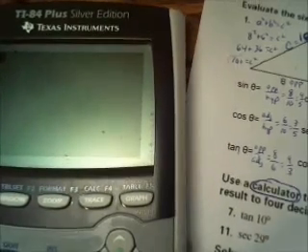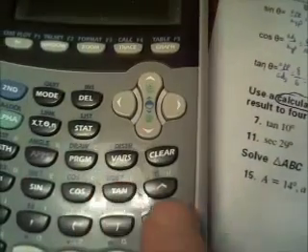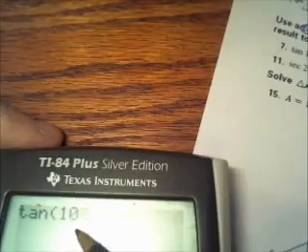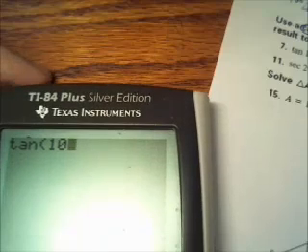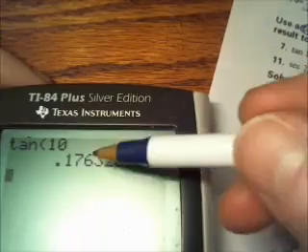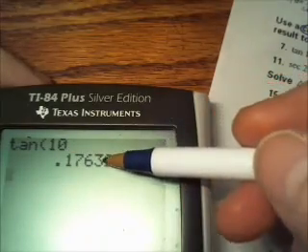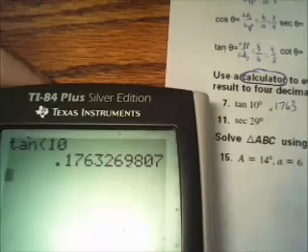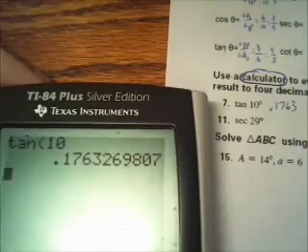The tangent of 10, you just press the tangent button, and that's the tangent of 10 degrees. They want us to round this to 4 decimal places, so 0.1763 would be the tangent of 10.